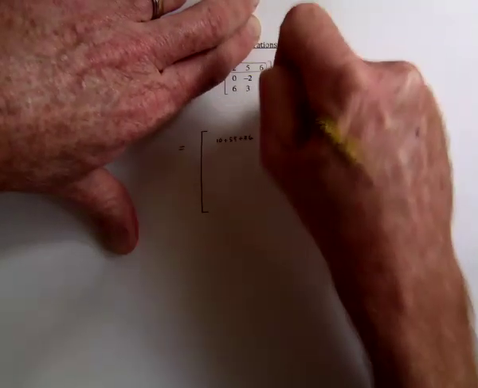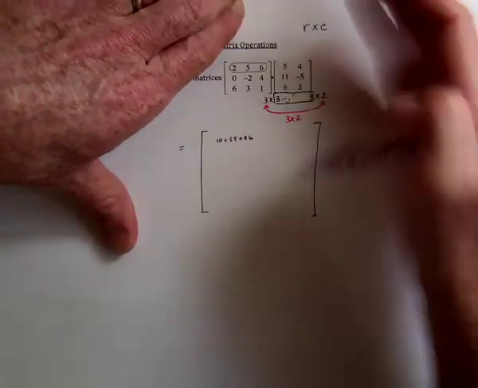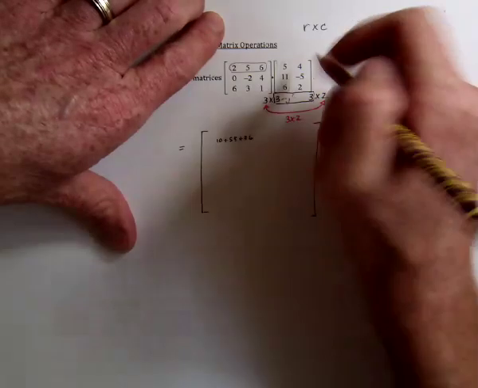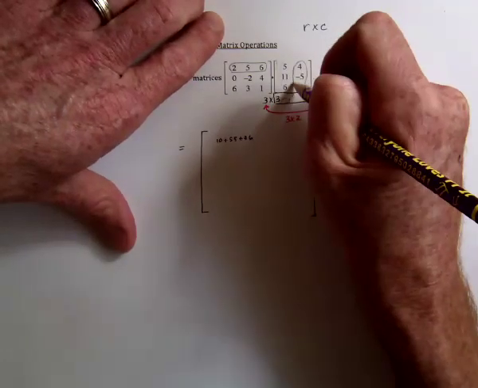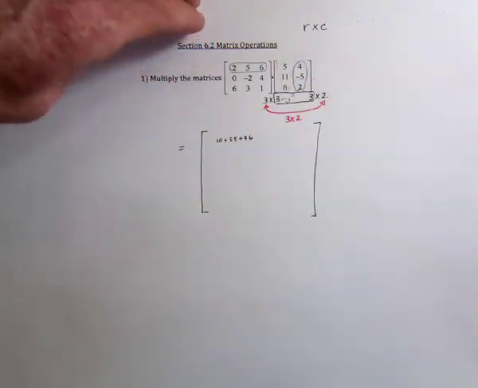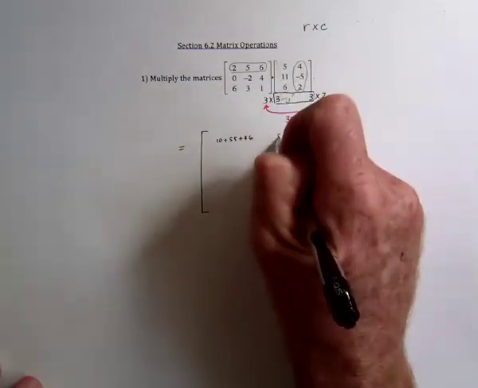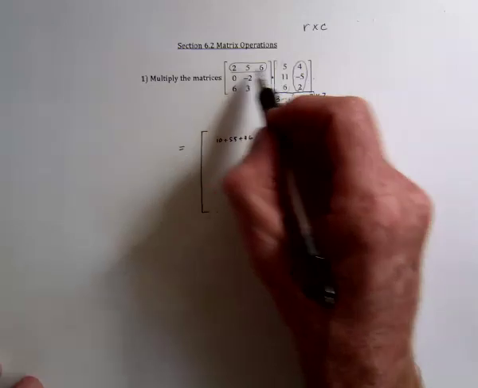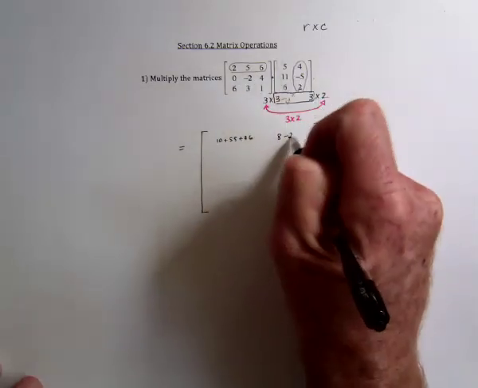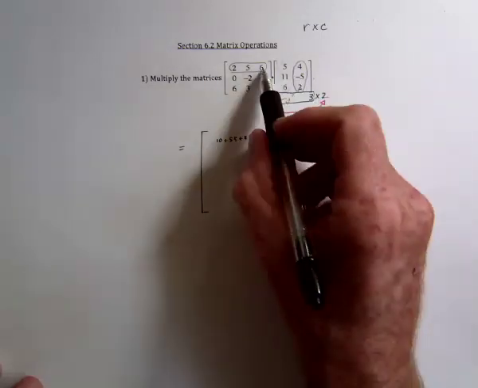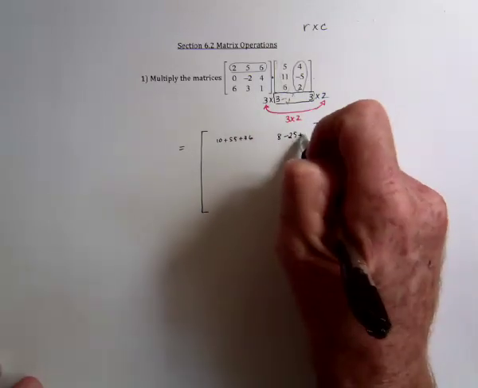Then, still working with the first row, do the same thing with this column. So it's going to be a 2 times 4 is 8, a 5 times negative 5 is negative 25, and then a 6 times 2 is positive 12.